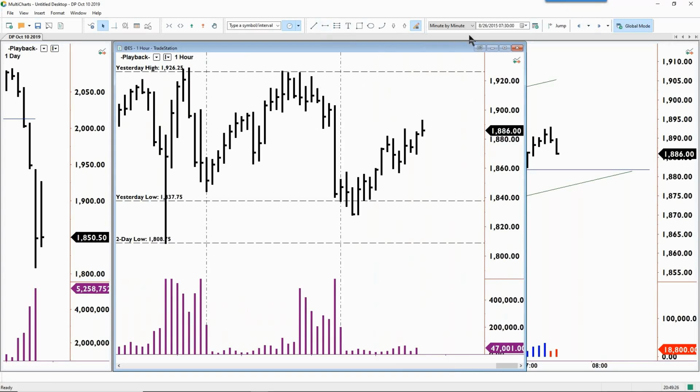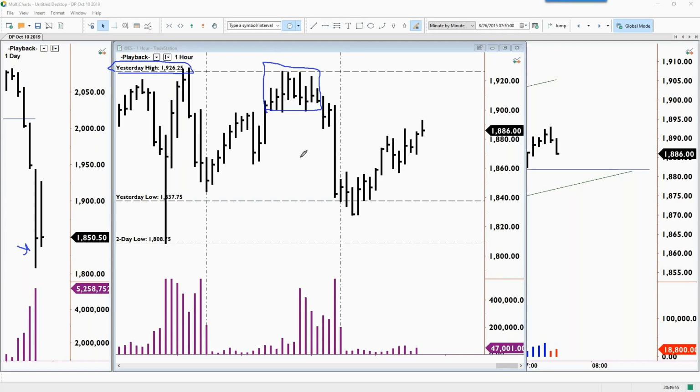So I marked off where we are. You can see it's kind of crazy, right? This is this day here, the bottom here. We see the volume coming in on the hourly, it rallies up. Small volume comes in, it stops in here, we push up again. And here we are hitting yesterday's high, a 2-day high. It's not holding in here.